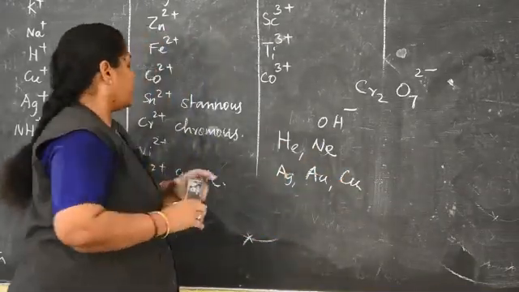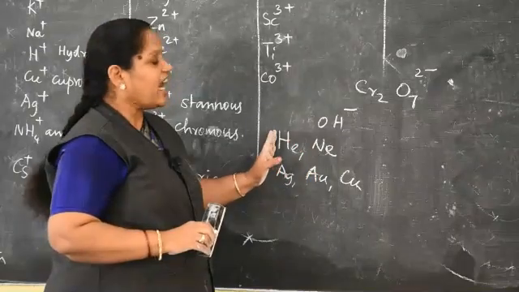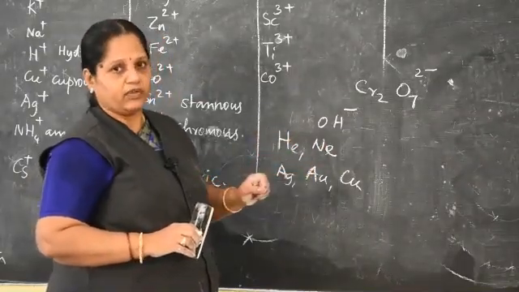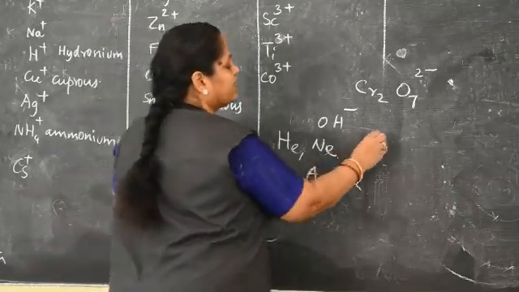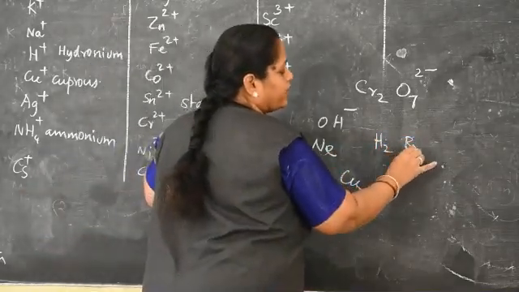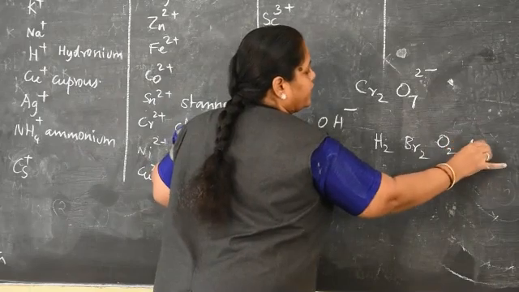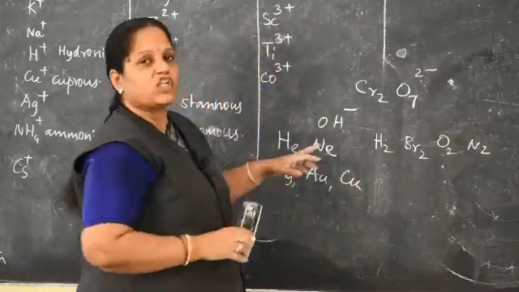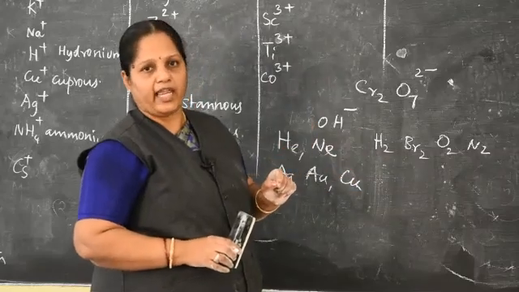If I write like this, these are free elements, free atoms, its oxidation state is 0. If molecule, you consider H2, Br2, O2, N2. So either molecular form or atom form, its oxidation state is 0 only.